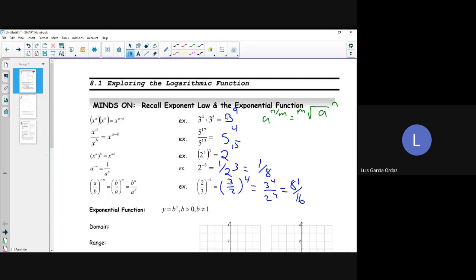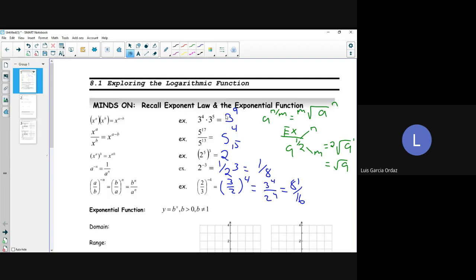So I'm going to give you guys an example. So let's say we have 9 to the power of 1/2. If we have 9 to the power of 1/2, the 1 is our n, the 2 is our m. So this is just equal to the 2nd root of 9 to the power of 1, which is just the same as saying the square root of 9.